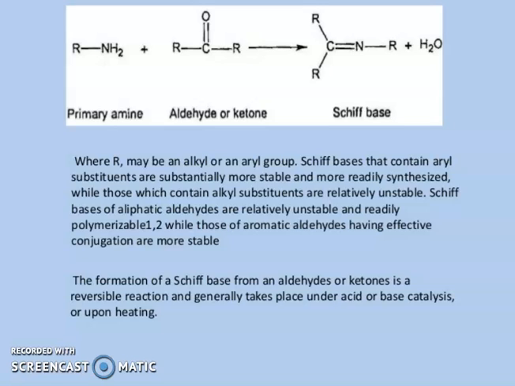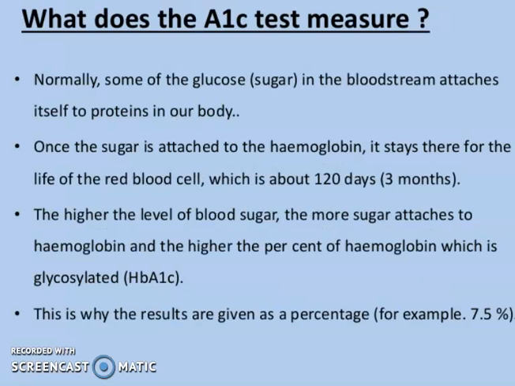Schiff bases of aliphatic aldehydes are relatively unstable and readily polymerizable, while those of aromatic aldehydes give effective conjugation and are more stable. The formation of a Schiff base from an aldehyde or ketone is a reversible reaction and generally takes place under acid or base catalysis and upon heating.